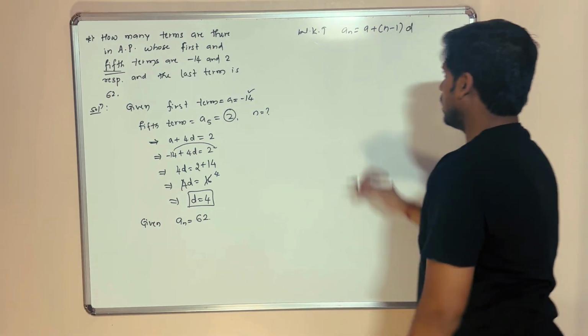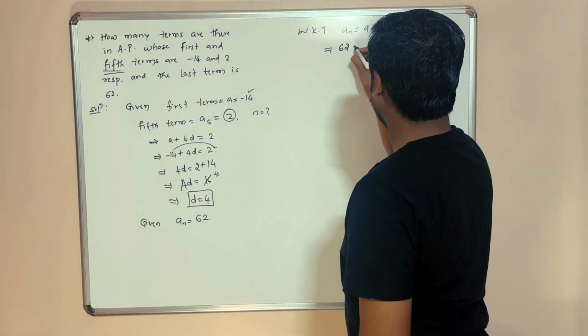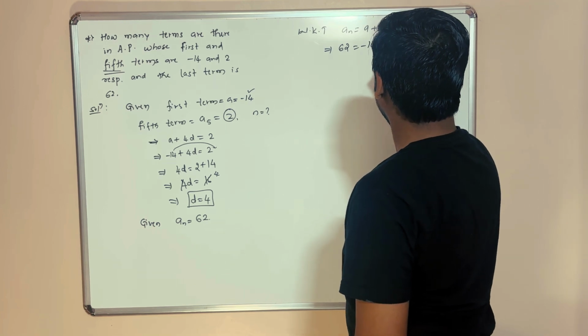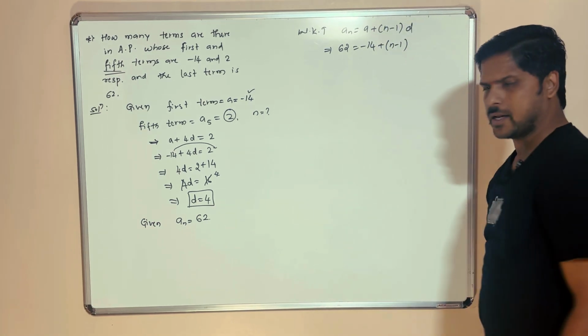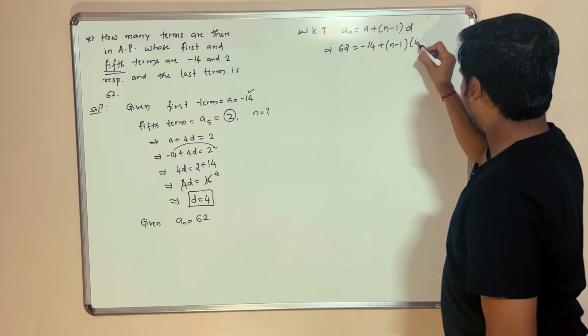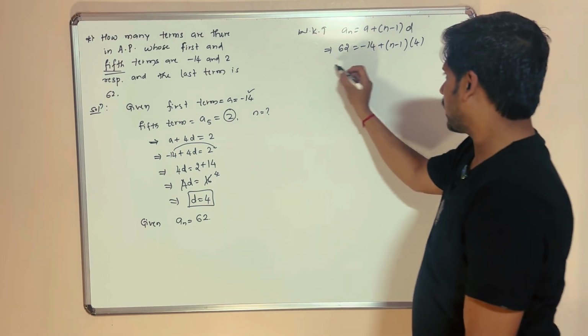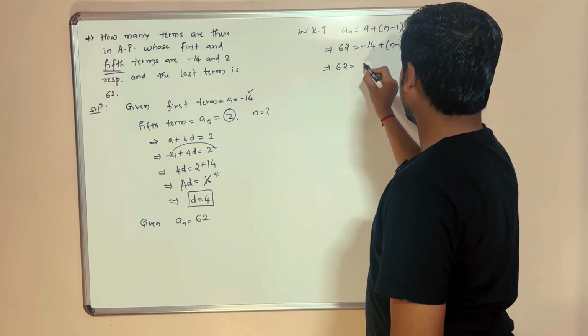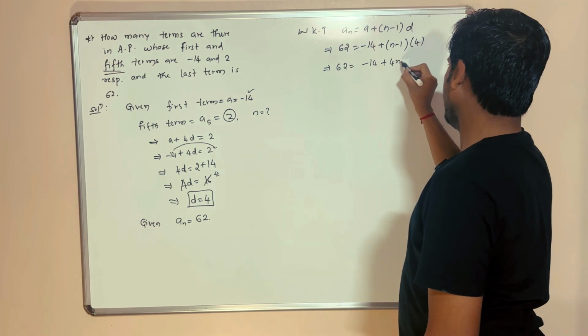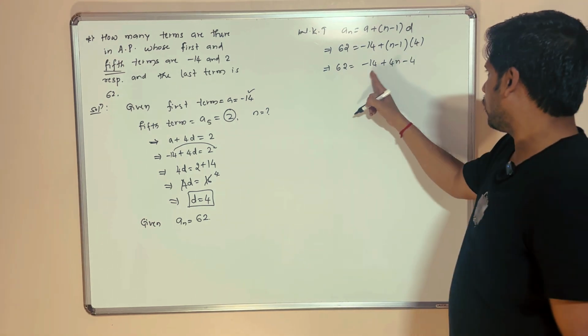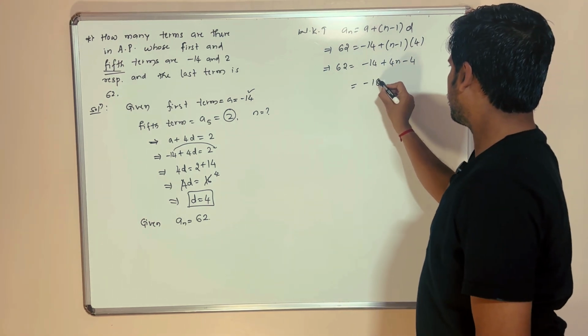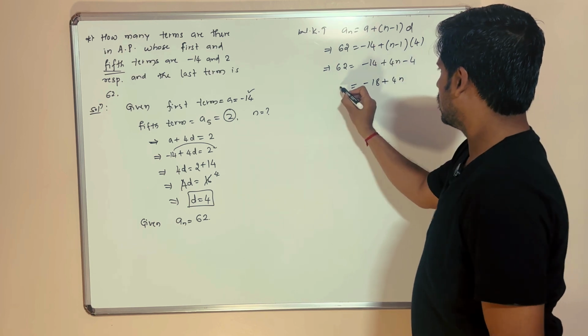So an is 62. Substitute. What is a here? Minus 14 plus n minus 1, since n we don't know, and d is 4. Now simplify. We get 62 is equal to minus 14 plus 4n minus 4. Minus 14 minus 4 is minus 18, plus 4n. So 62.